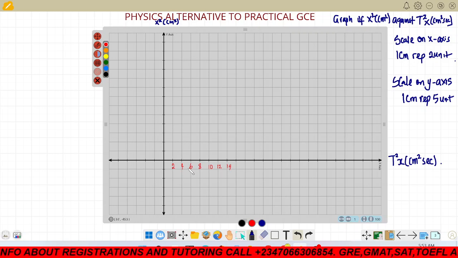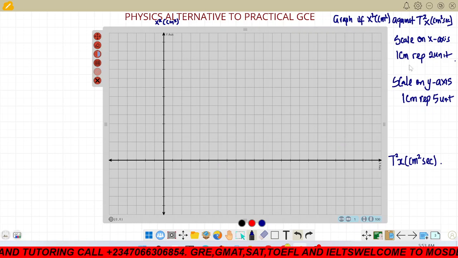But if I have the normal, I'll use 1 centimeter represents 1 unit because it will be simple for me to plot. I wouldn't want to use something that is too close because of the nature of my graph. I can just use 1 centimeter represents 1 unit here because my graph permits me to use that. So now I will just adjust that.